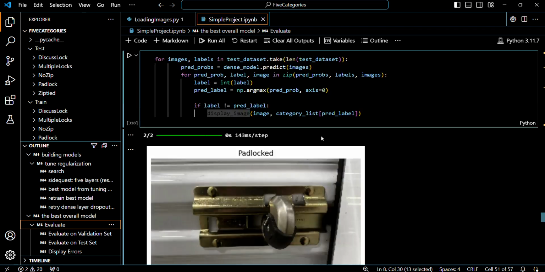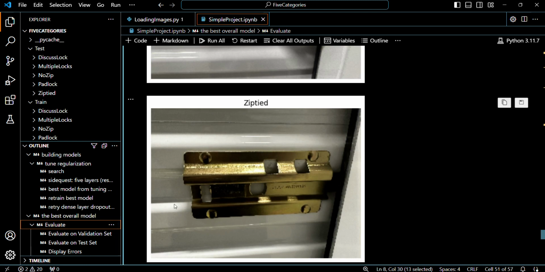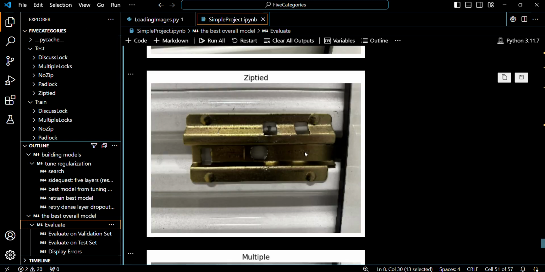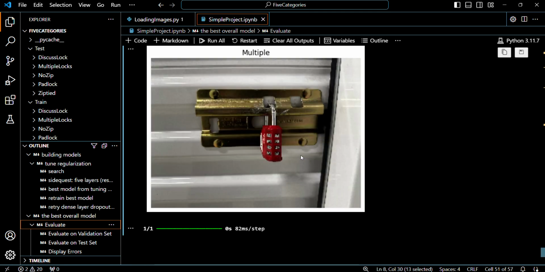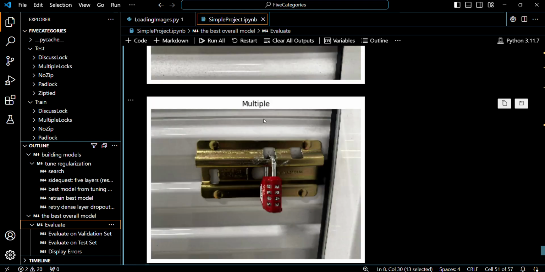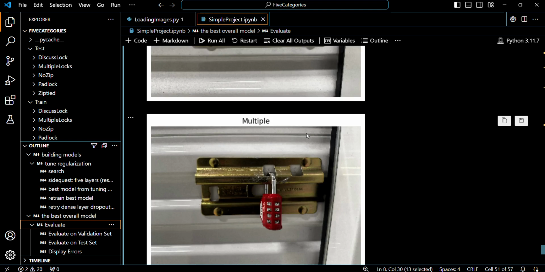That's why this latch, and this latch, it didn't find a lock on it. It didn't find a lock on the zip-tied units. It didn't find a lock on the unlocked units, so it lumped all those together as zip-tied. Now, if I had put in more unlocked latches, maybe it would have lumped them all together under that label.